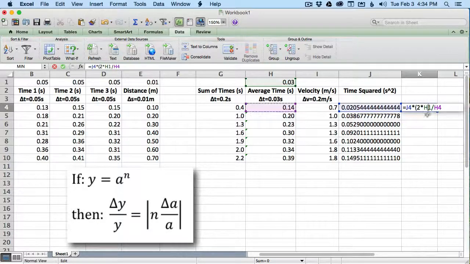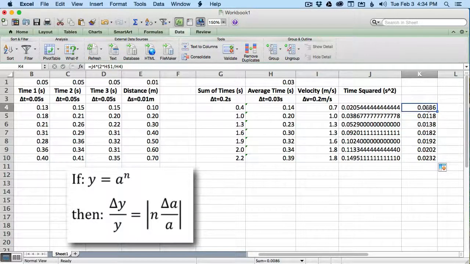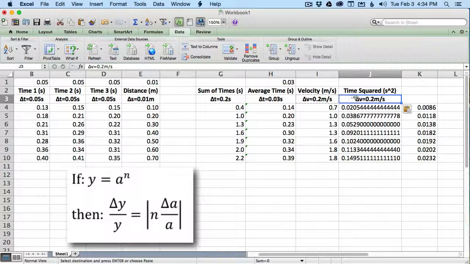Again, I want to freeze cell 1, so let's hold that with a dollar sign and drag this down. There we go. And so I can look at these numbers and I can see that the biggest uncertainty I have is indeed 0.02. So I'm going to go ahead and use that as my uncertainty. Again, I always just pick the largest. Later you may do some of these and you may find some other techniques, but for now this is fine.